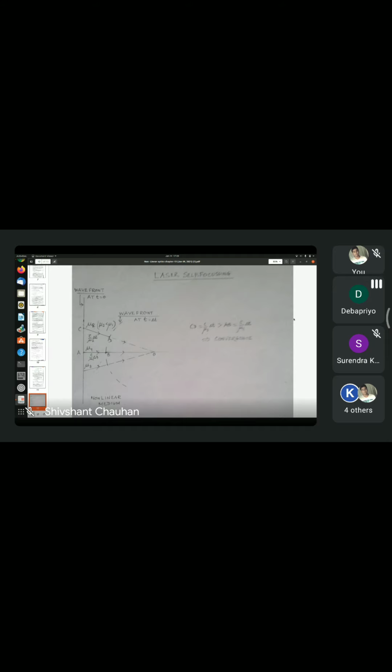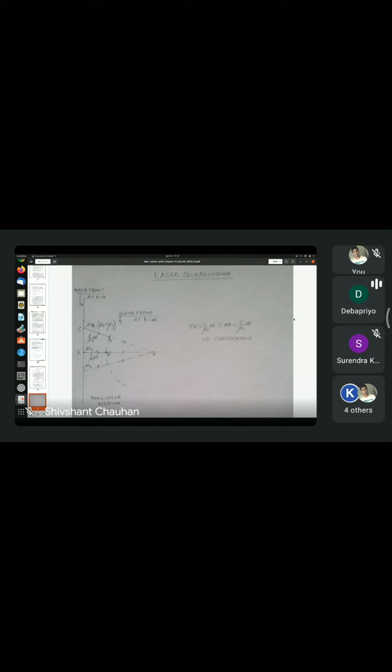But because the medium behaves as if it has different refractive indices in different regions of the incident beam, you have this situation cropping up. So you have this incident beam which was traveling through a linear medium, and is a parallel beam with a plane wave front that is represented by the vertical line.